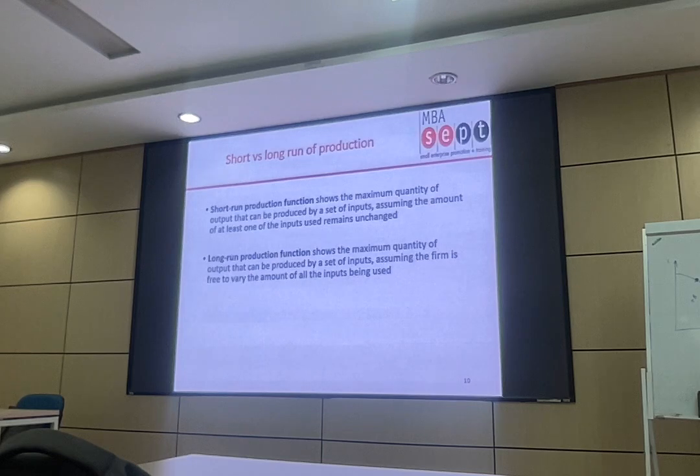To enter or leave an industry. Yes. For the long run, the decision is to enter or to leave an industry, not to continue or shut down, but to move to another industry.